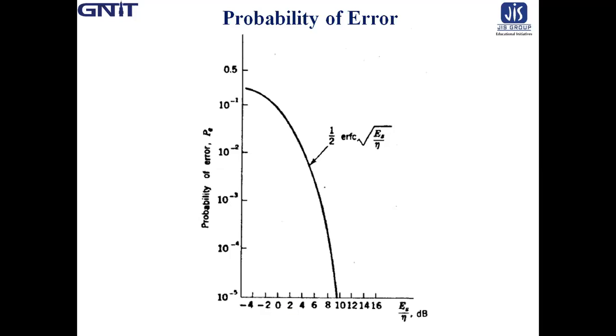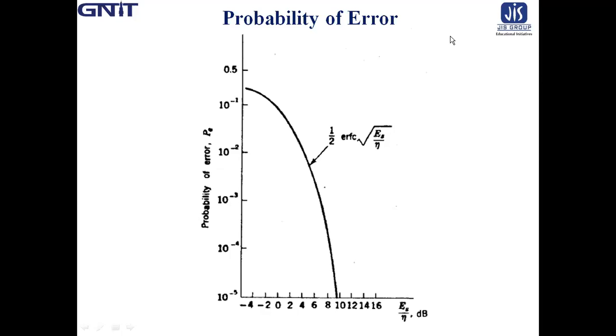At least half of the bit intervals, the receiver can make the correct decision if the signal is completely lost in noise.